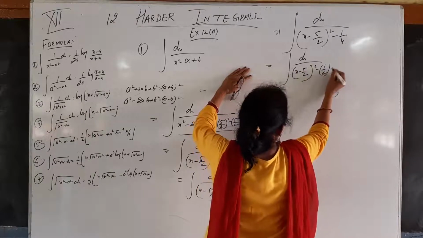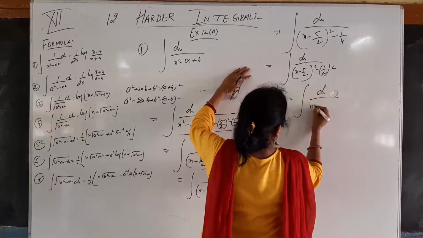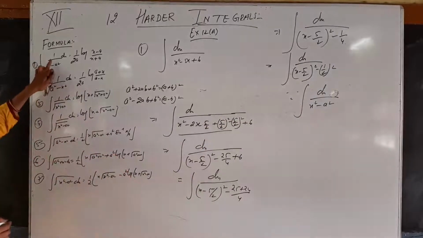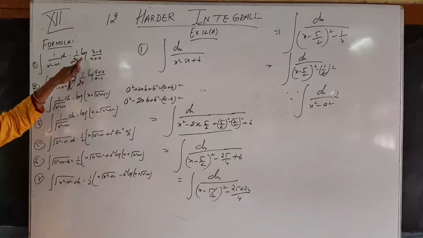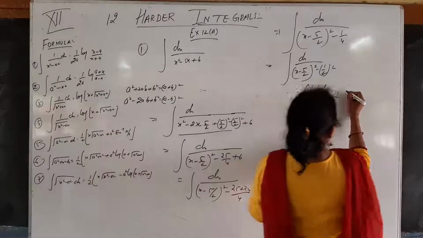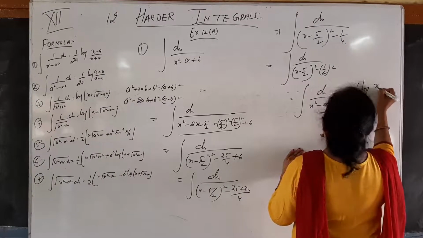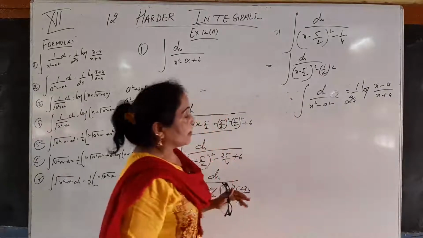So this is of the form dx upon x square minus a square. Here it is of the form integral 1 upon x square minus a square dx. It is 1 upon 2a log of x minus a upon x plus a. What is x here?